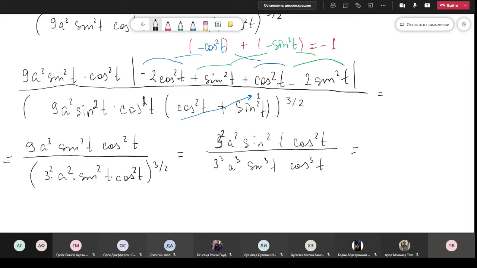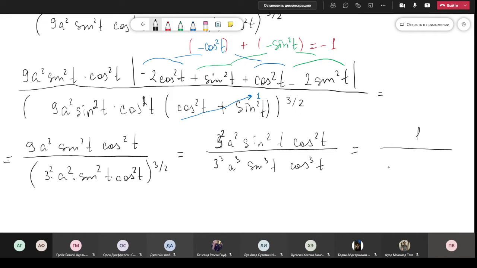And we can divide the numerator by the denominator, cancel out the second degree of all our functions and constants, and we have 1 over.